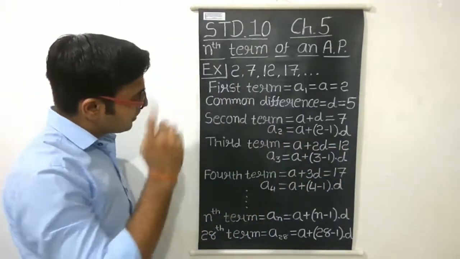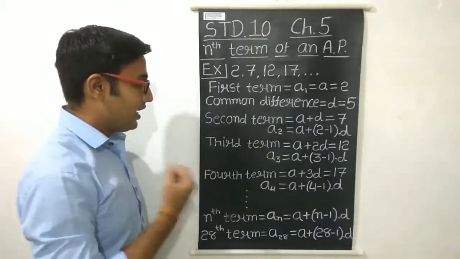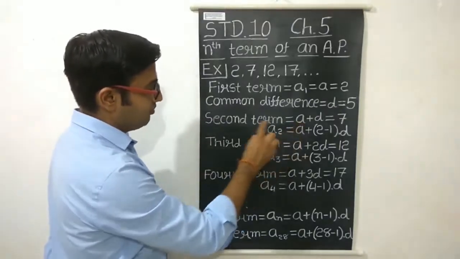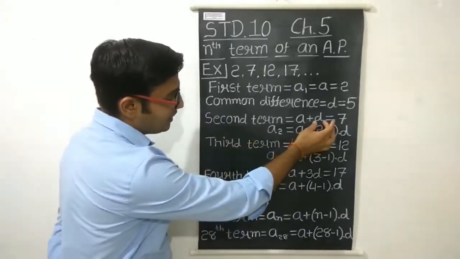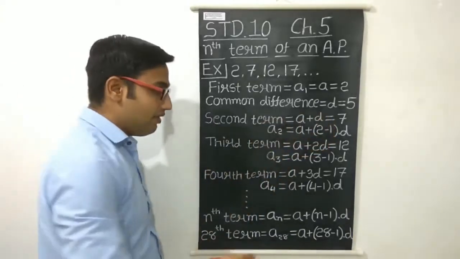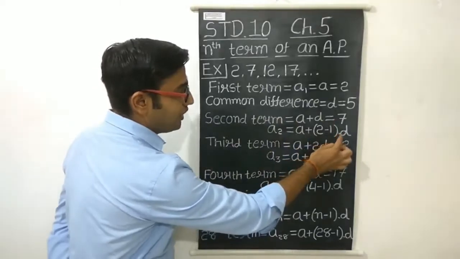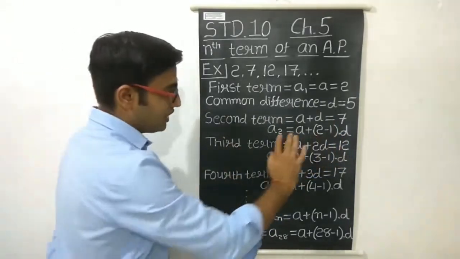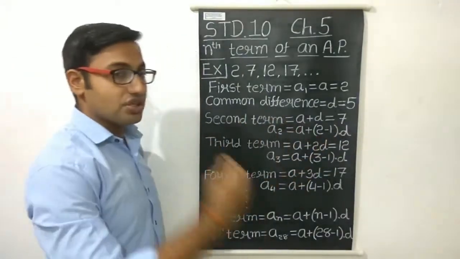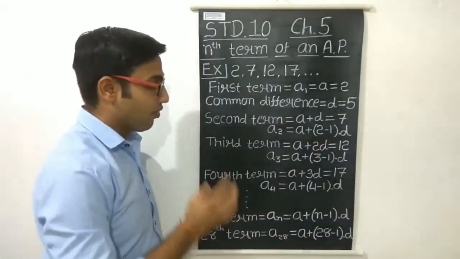Now notice one thing here. Can we write the second term as A2, and in place of D can we write 2 minus 1 into D, because 2 minus 1 gives 1? So it is actually A plus D. We just represent it in another form.